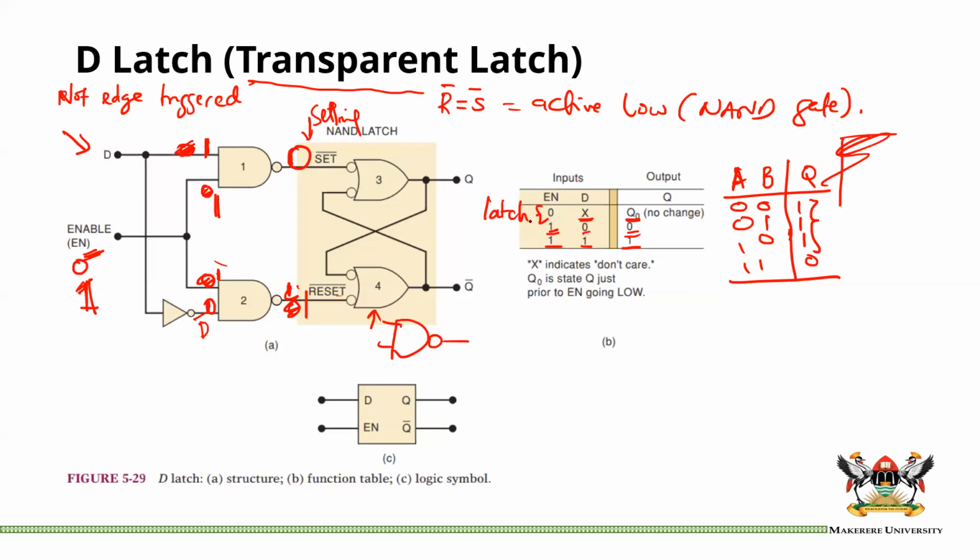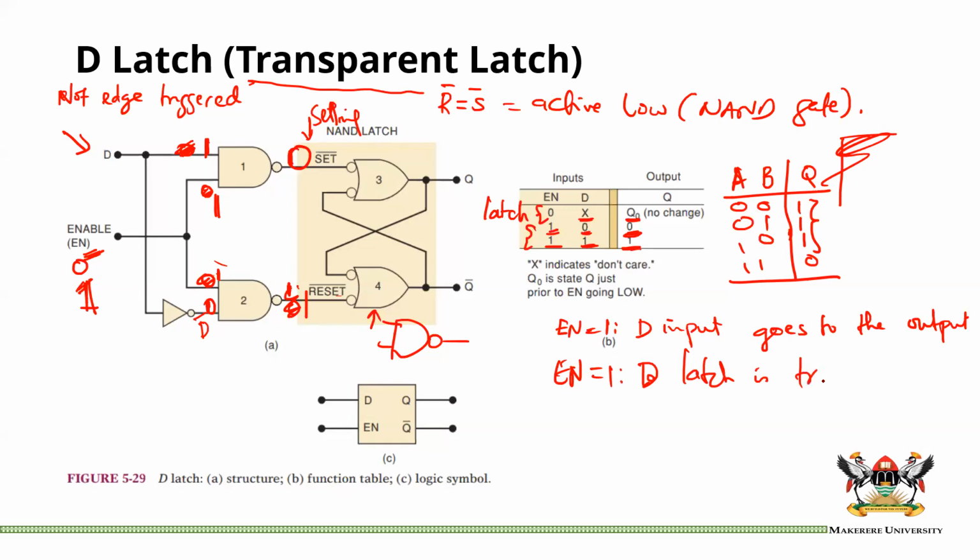But when enable is equal to 1, the D input goes to the output. You can see that for these states, 0 will go to the output, 1 will go to the output. And so we say that when EN is 1, the D latch is transparent.